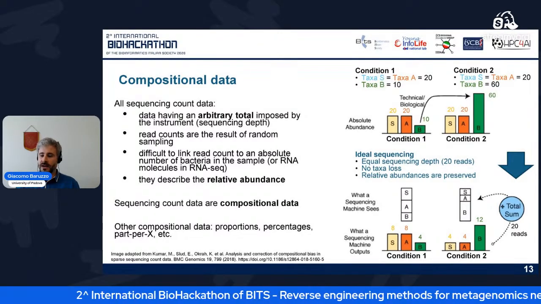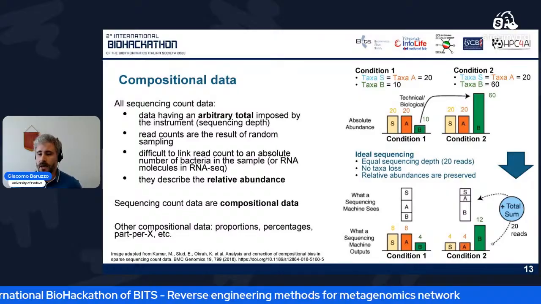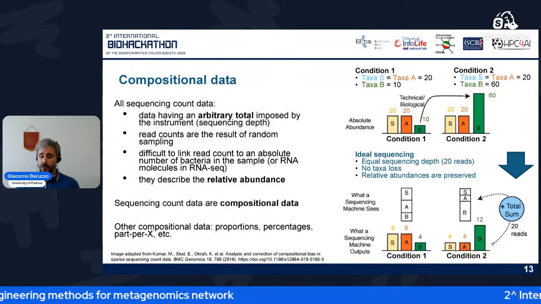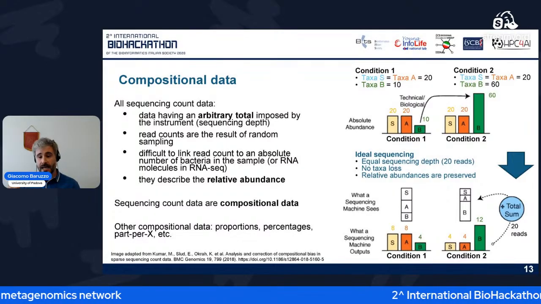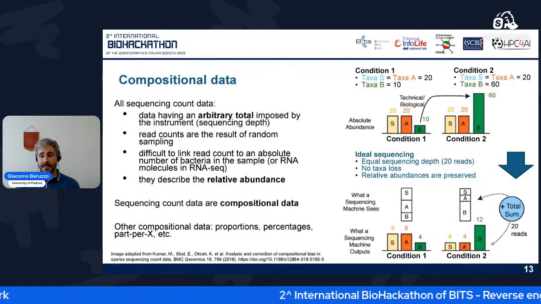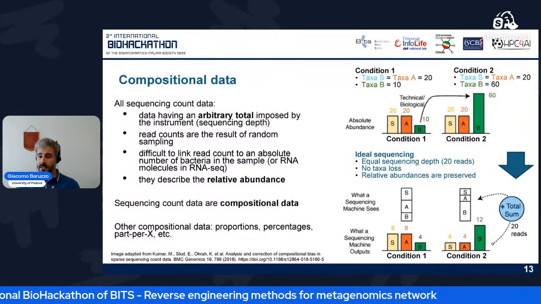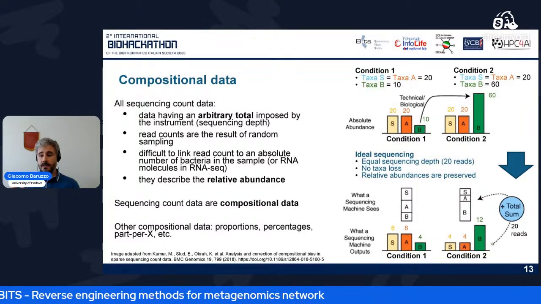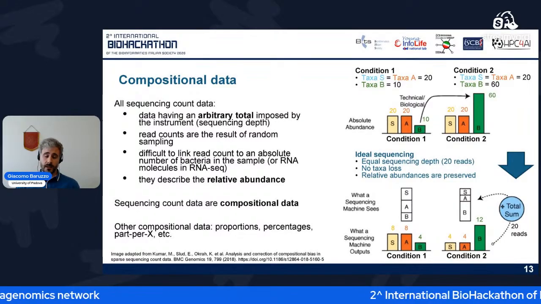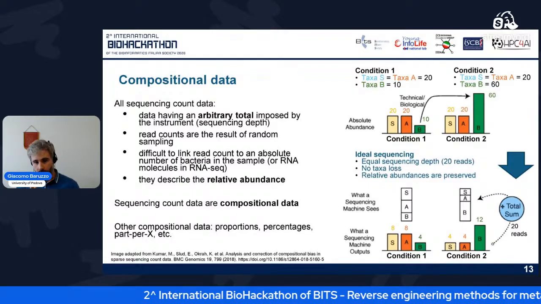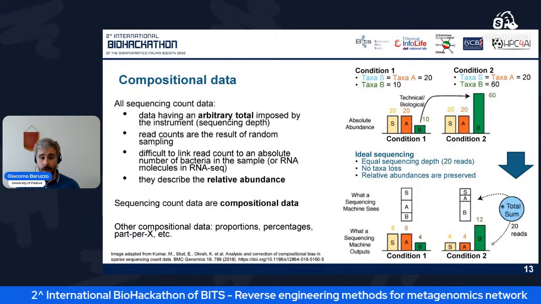So if you check the relative abundance of condition 1, you see that taxa S and taxa A have the same percentage of the overall amount of reads, and are both higher and double the one of taxa B. Same if you go to condition 2: the same percentage of reads is distributed between taxa S and taxa A, and both of them are a lot lower than the percentage of reads assigned to taxa B. So the sequencing process is able to preserve more or less relative abundances, but not absolute abundances.